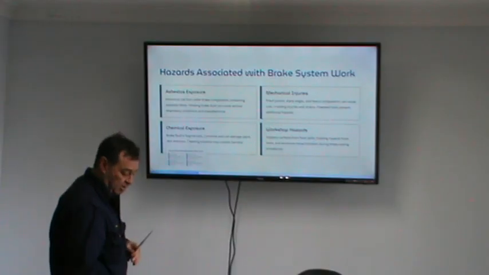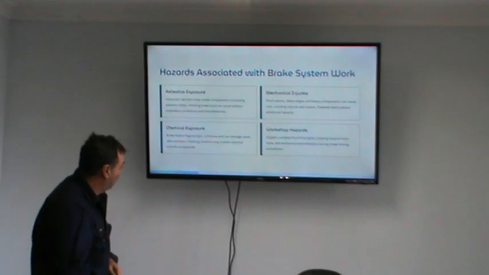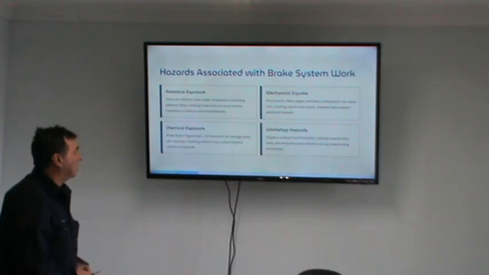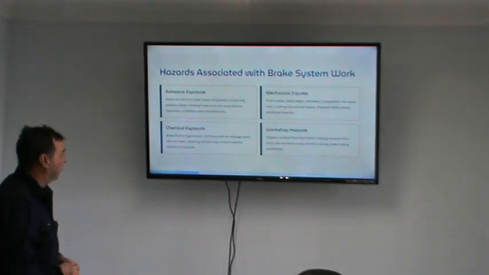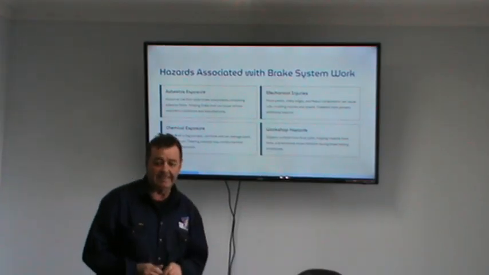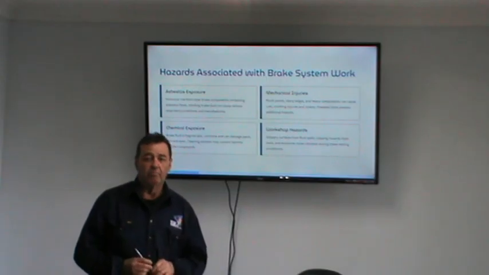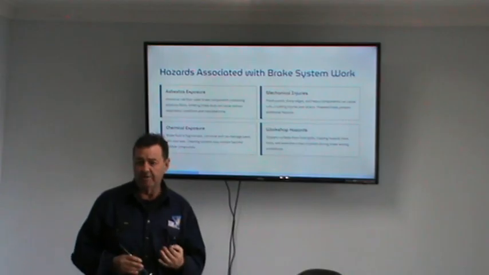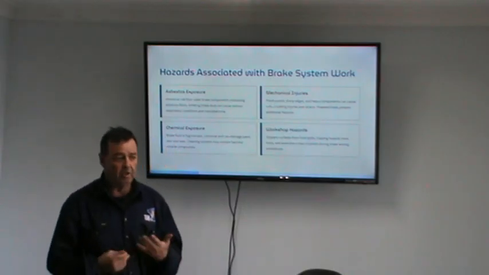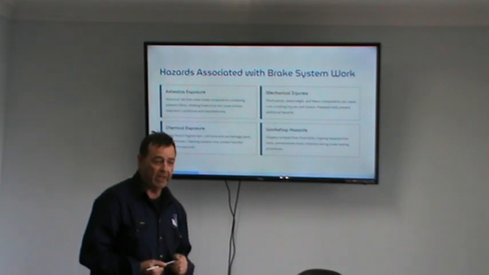Rightio, chemical exposure. As we talked about earlier, for all our chemicals, like brake fluid, we find all the risks associated with that in the SDS, Safety Data Sheet, which is where you'll find all the information you require for handling those chemicals, how to store them, what to do in an emergency situation, what PPE to wear.